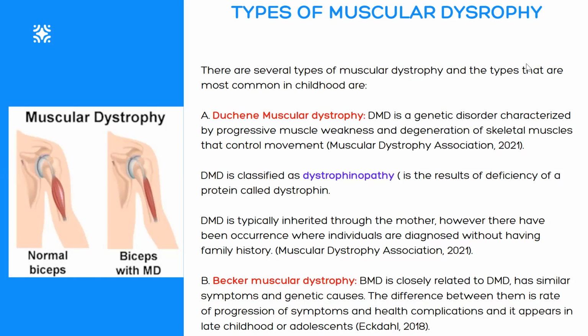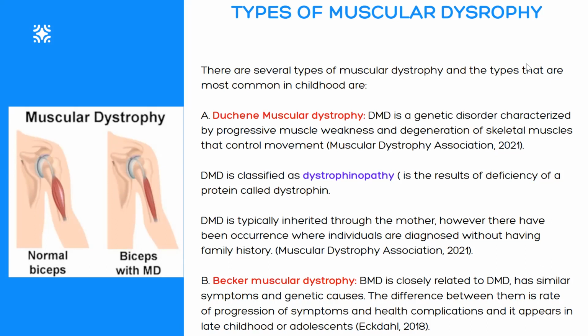Duchenne muscular dystrophy, DMD, is a genetic disorder characterized by progressive muscle weakness and degeneration of skeletal muscles that control movement. DMD is classified as a dystrophinopathy, a result of deficiency of a protein called dystrophin. So back to what was mentioned, because of the lack of the protein, the muscles are slowly deteriorating.